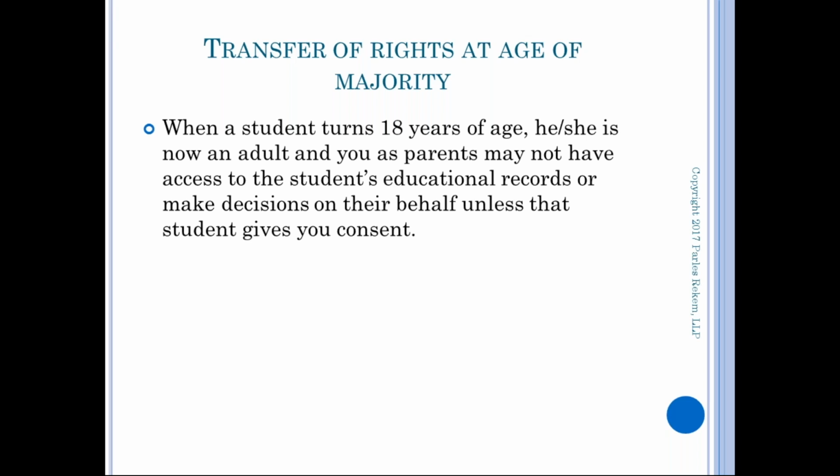So the IEP is notifying the parent and the child that when the child turns 18, the child is now the decision maker. The child would attend the IEP meeting, sign the IEP, and allow the parents to participate or not allow the parents to participate.